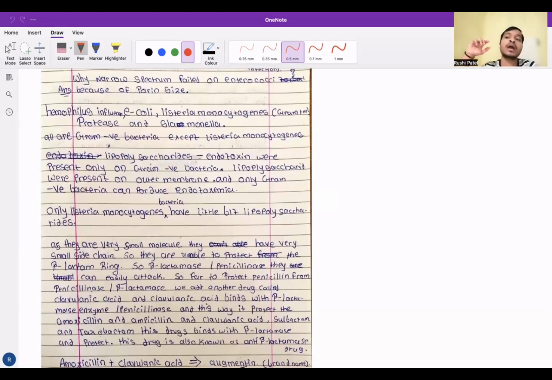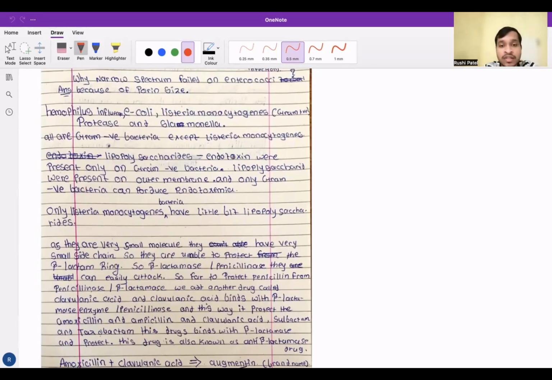Listeria monocytogenes is the only gram-positive bacterium that has lipopolysaccharides, and it can release endotoxins, not like gram-negative bacteria, but yes, it can release them.